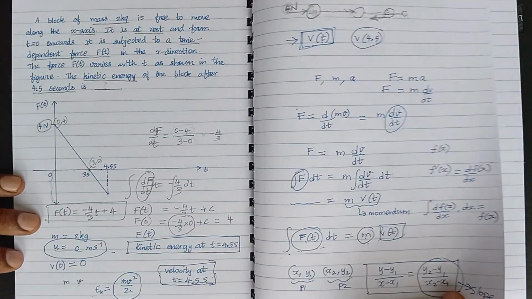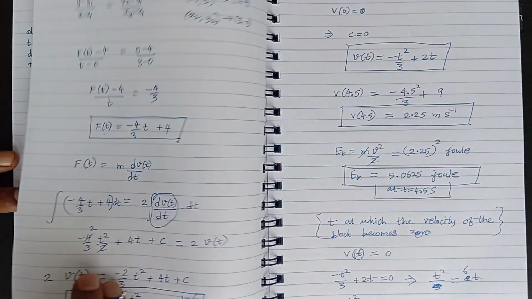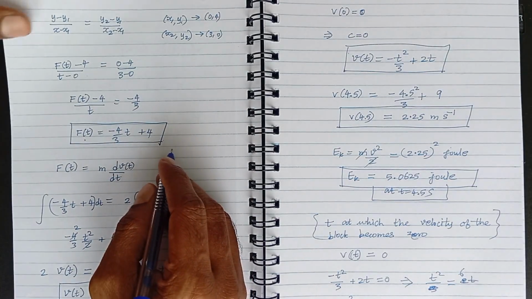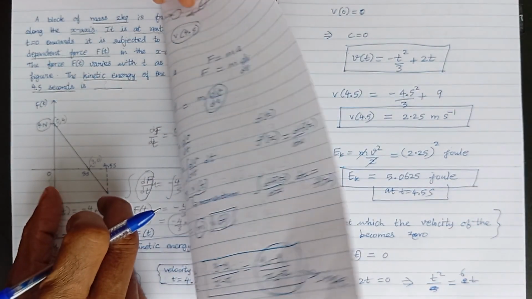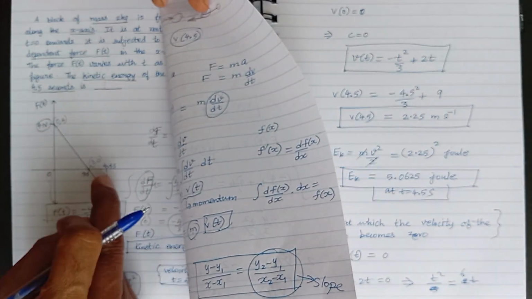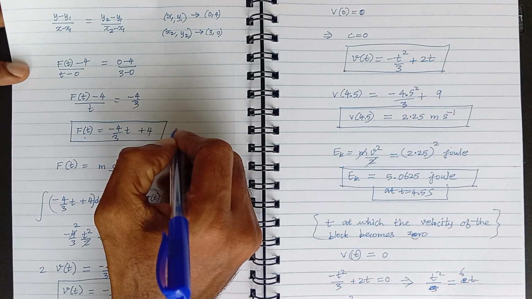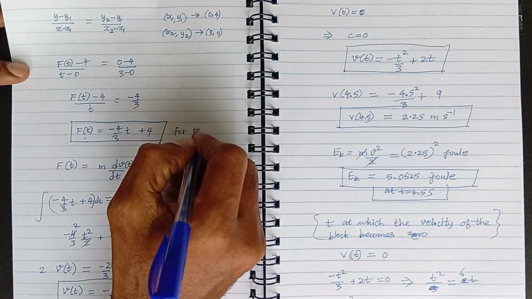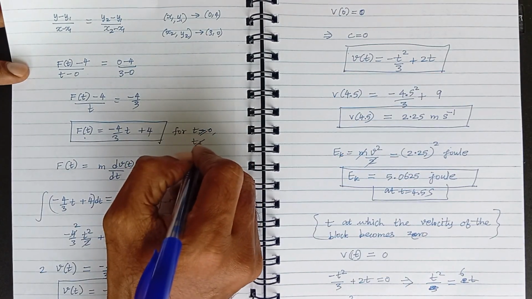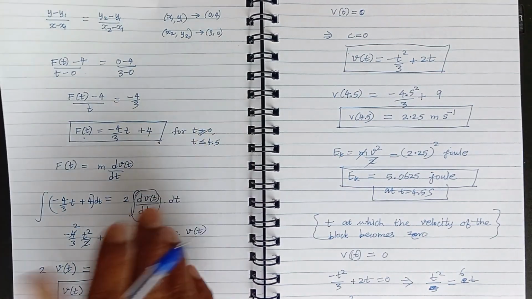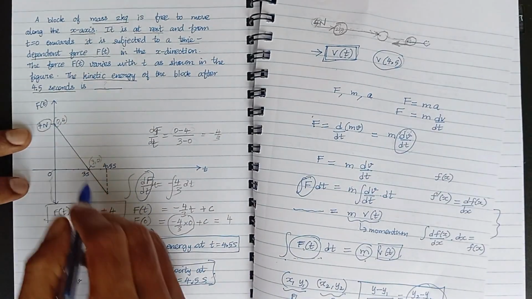Okay, now one thing I want to mention here, this force as a function of time we found, right? Strictly speaking, mathematically speaking, this is valid only for this interval of time, that is 0 to 4.5 seconds. Actually this is for t greater than or equal to 0 and t less than or equal to 4.5, because we are only using the information provided in this graph.